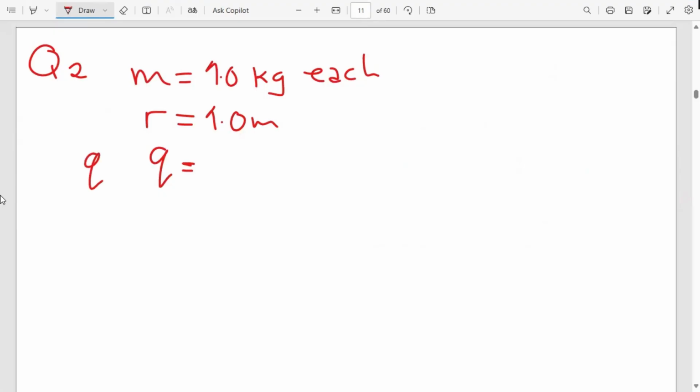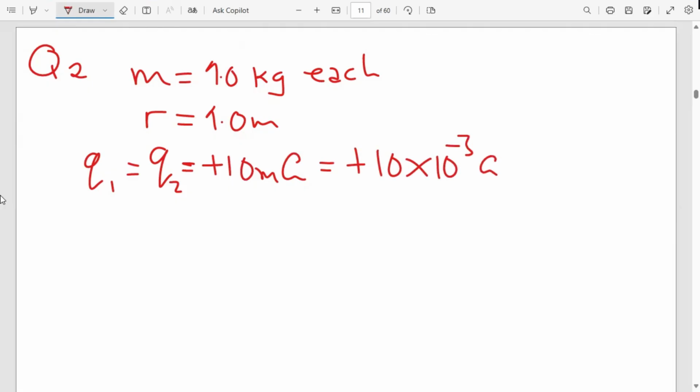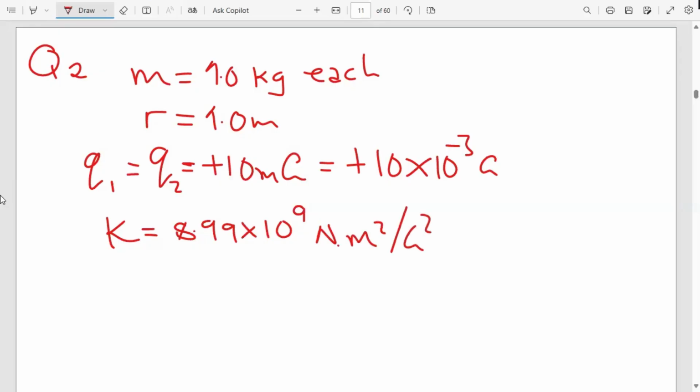I can just say Q1 equals Q2, which is equal to positive 10 millicoulombs, which if I convert into coulombs, I get positive 10 times 10 to the power minus 3 coulombs. Then we also have our Coulomb's constant as usual, which is 8.99 times 10 to the power 9 newton meter squared per coulomb squared.